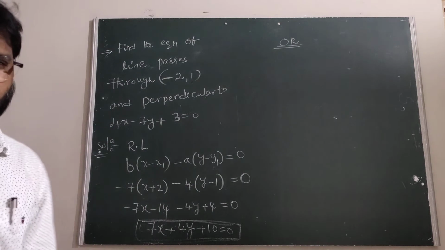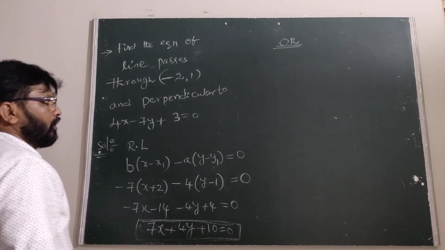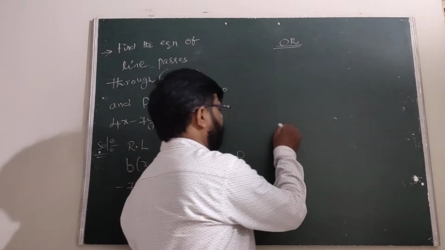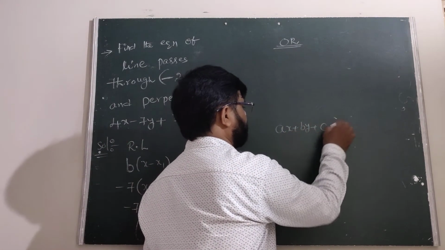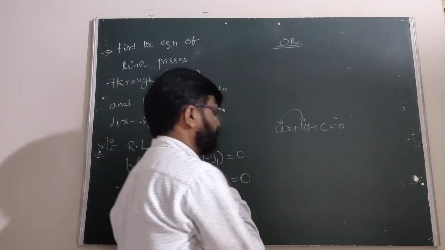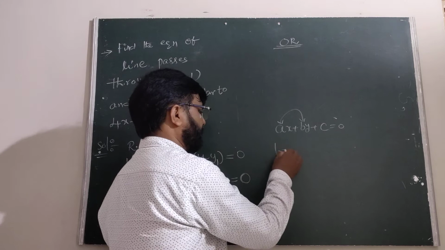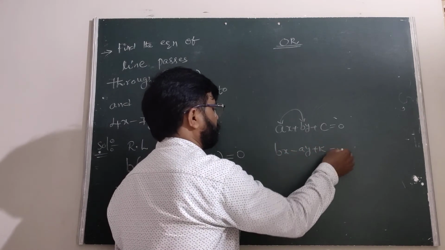Here another method is: for the perpendicular of ax + by + c, we can interchange these two coefficients, that means bx - ay + k = 0.